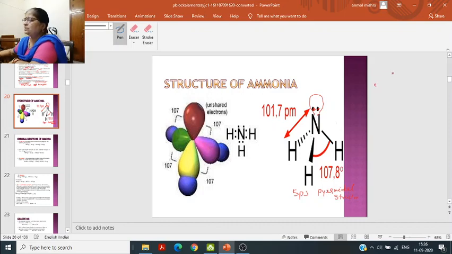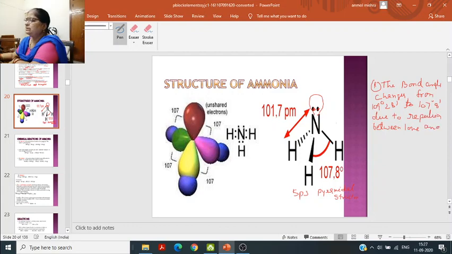The bond angle changes from 109 degree 28 minutes to 107 degree 8 minutes due to repulsion between lone pair and bond pair of electrons.